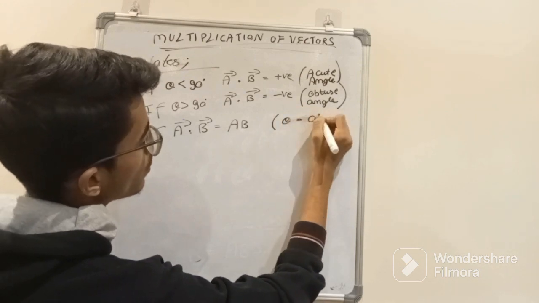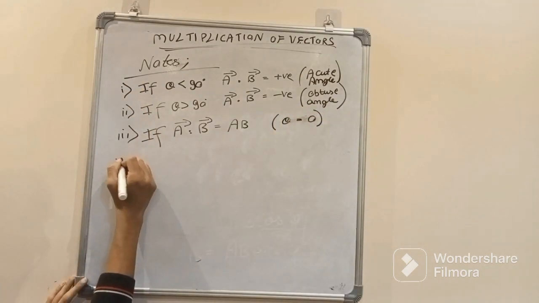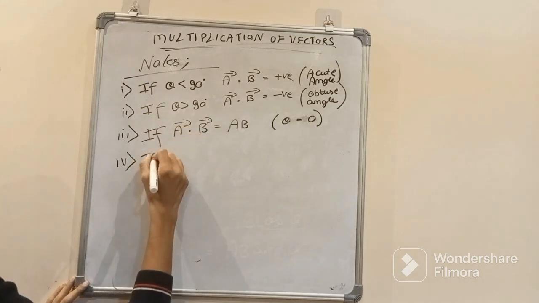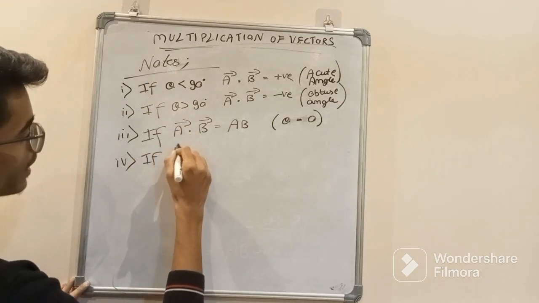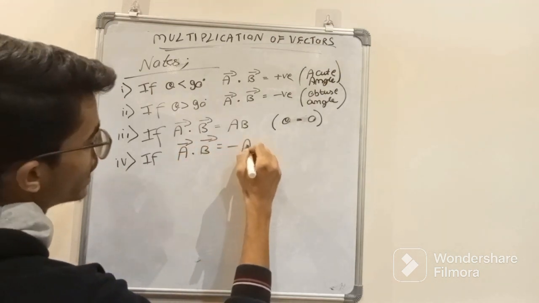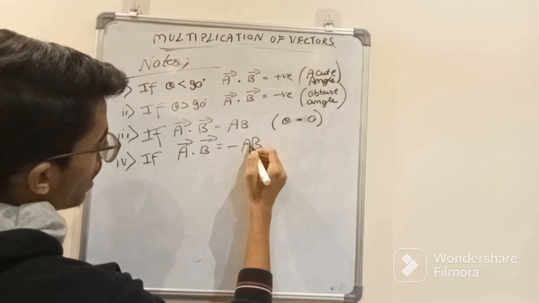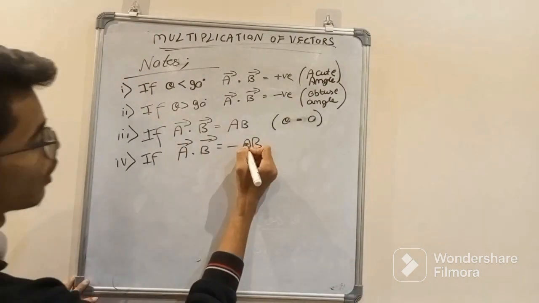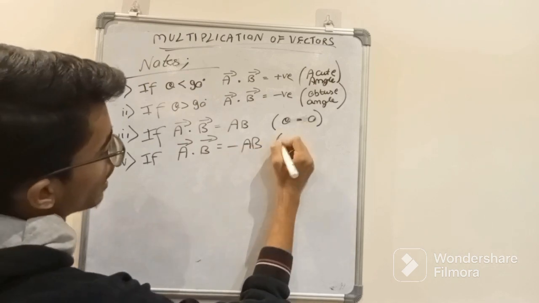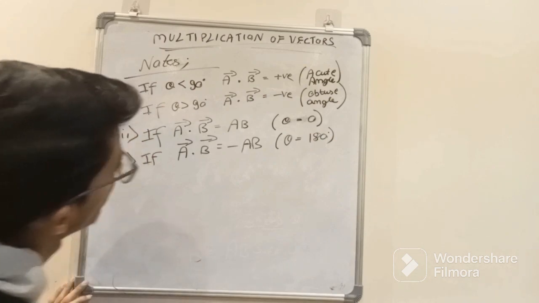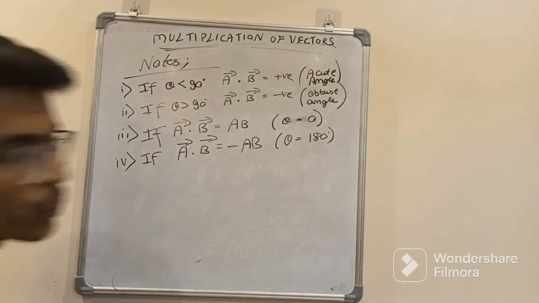Theta is equal to 0. Fourth, if a vector dot b vector is equal to negative ab, अगर इस डॉट को हम फिर से cos थीटा से रिप्लेस करें और जो हमारा प्रोडक्ट है वो नेगेटिव है, that obviously means theta 180 degree है हमारा. Now let's take some questions.